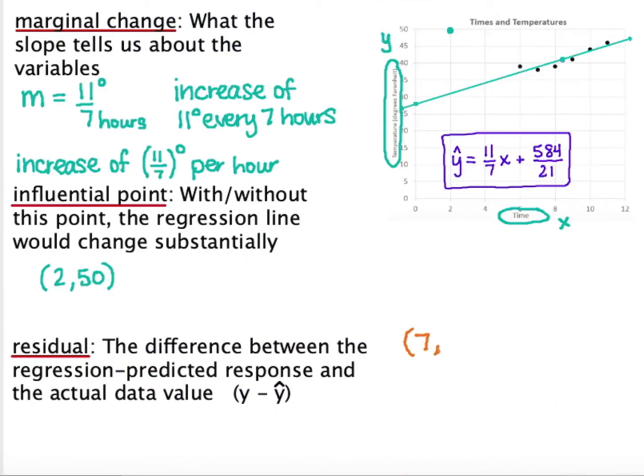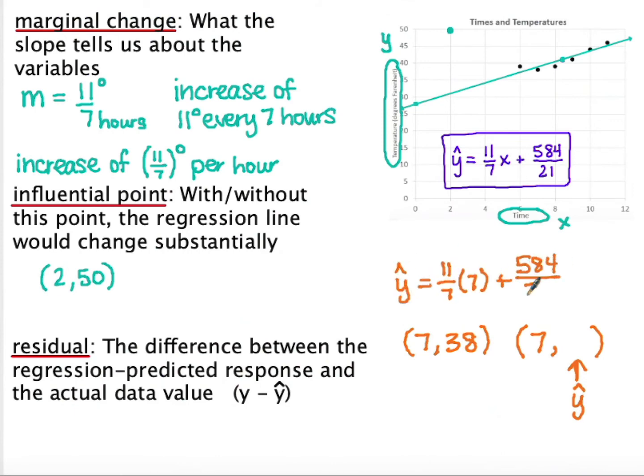So we have an actual value at 7, 38. And what we're going to figure out is what happens when we plug a 7 into our regression line. What kind of y hat does that give us? So you'll see that our line is predicting a temperature of 38.8 degrees when we know that the actual temperature was 38.